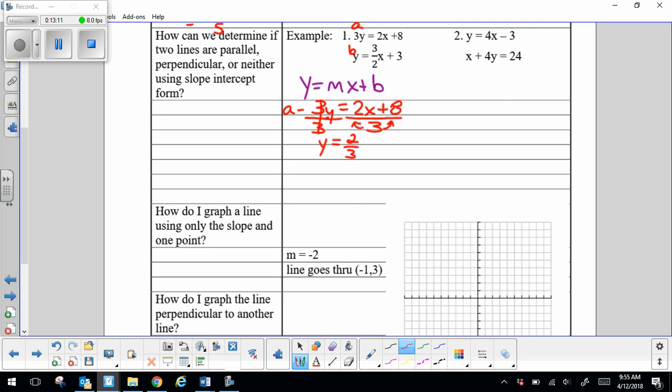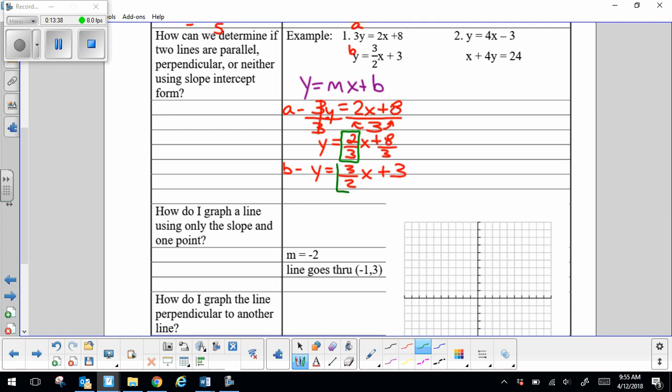I can stick him underneath the 2x, and then I can stick him underneath the 8. Now that I have it in the form I need, my slope pops out, and he's right here at 2/3. That's my m. For my second equation, which is b, y is equal to 3/2 x plus 3.